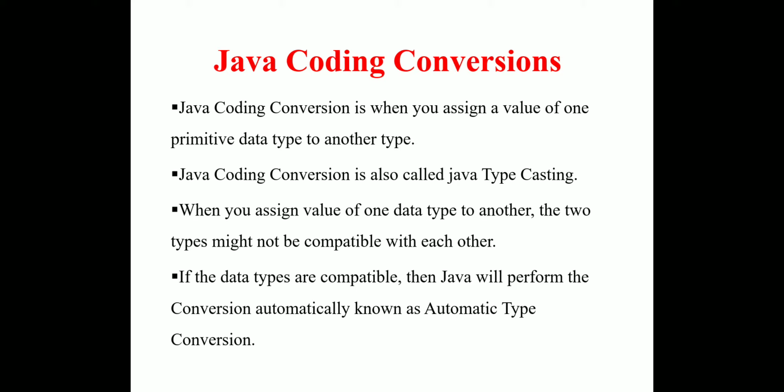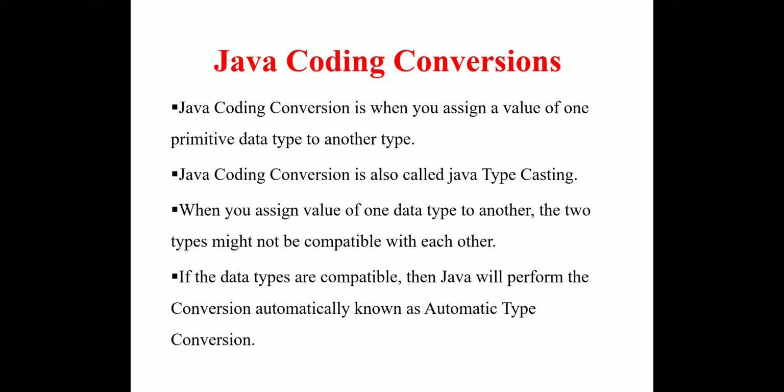Then we can take a small look at primitive data types. What are all the primitive data types and what are the sizes of the primitive data types? In earlier classes also we discussed them. Now also we can discuss these primitive data types. First one is byte.